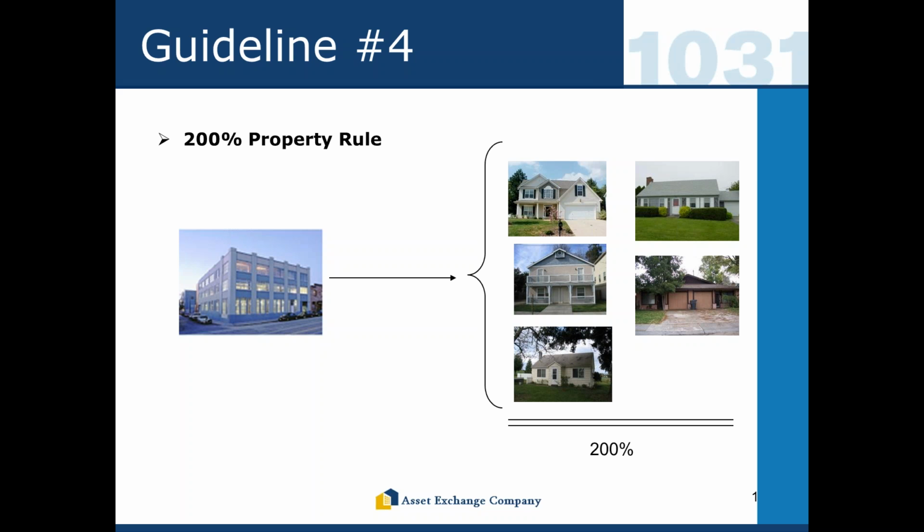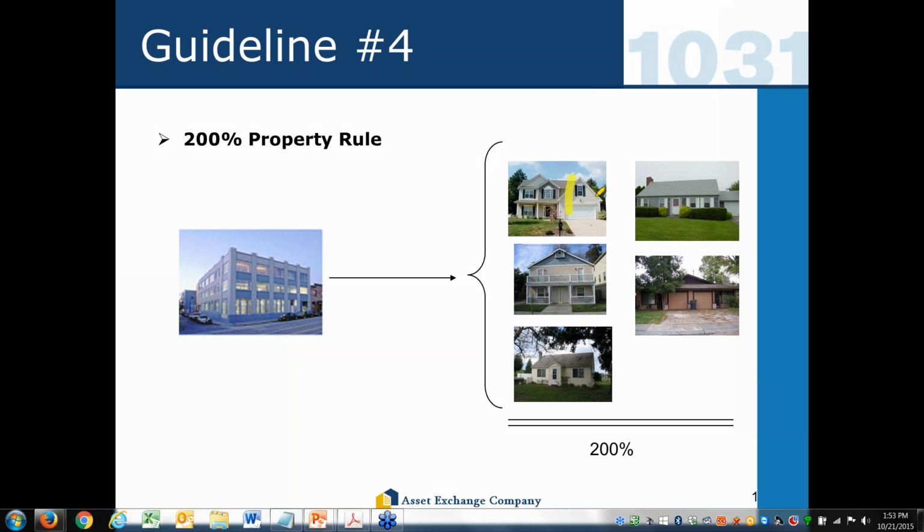The rule is this. If you would like to nominate more than 3 properties, so in my example, we're going to nominate 5, all of the properties that you nominated cannot add up to more than 200% of what you sold.